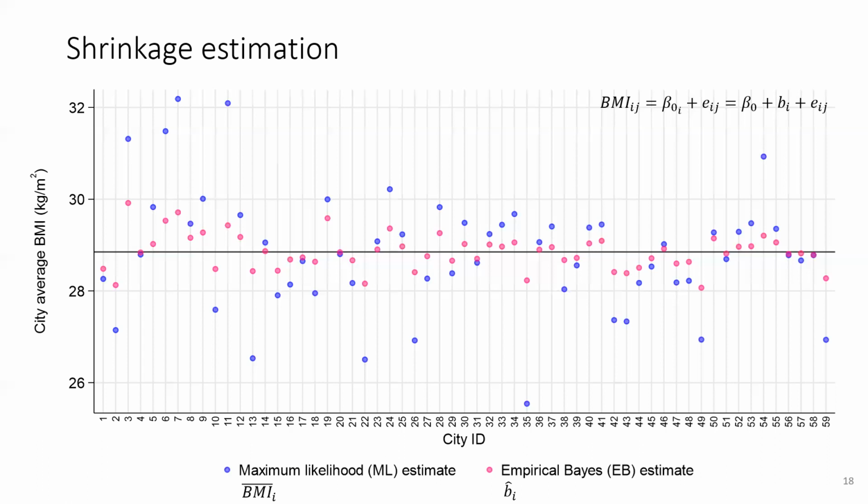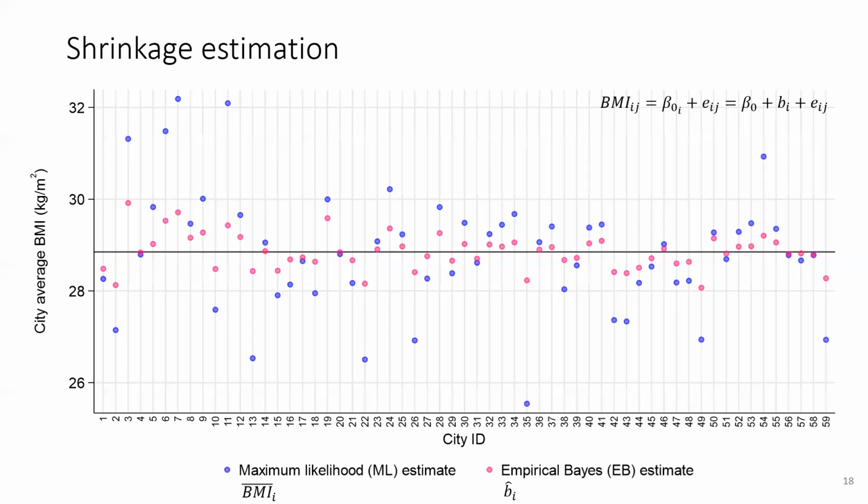Do you think we can get an accurate city estimation? The answer is maybe no. I mean, there are many people in the city, and I have only 7 people from the city. Is the observed city mean close to the actual BMI mean of the city? Maybe the answer is no.